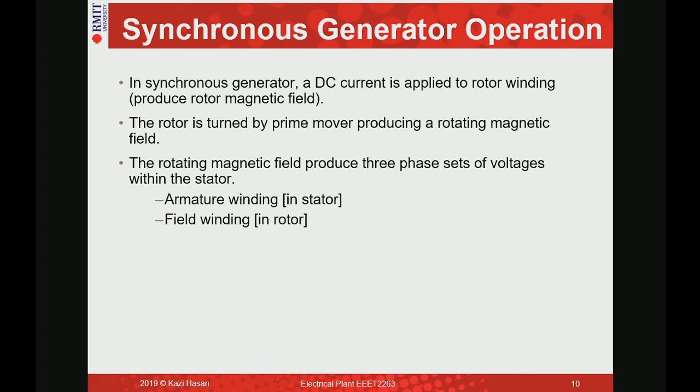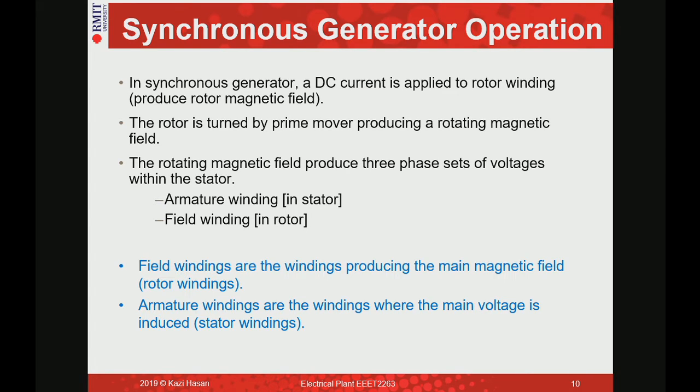In this case, we call the stator outside the armature winding, and the field winding is the rotor inside. So field windings are the windings producing the main magnetic field. Armature windings are the windings where the voltage is induced. This is just more clarification of what we have discussed so far.